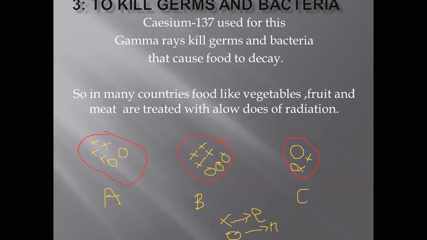Which pair are isotopes for each other and why? So you have to focus inside the atom here.